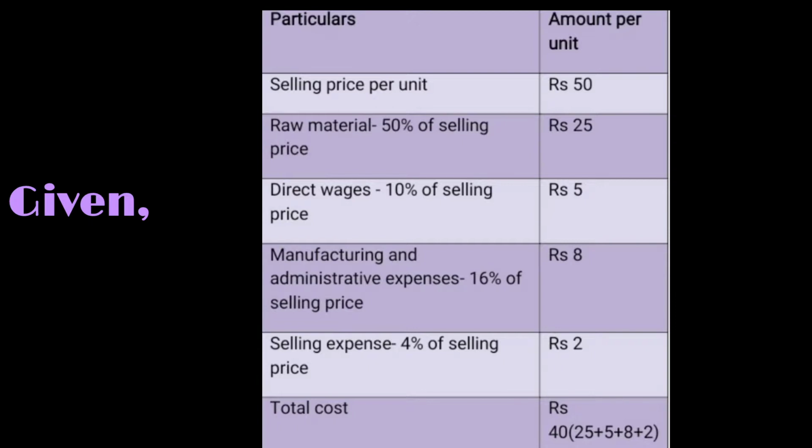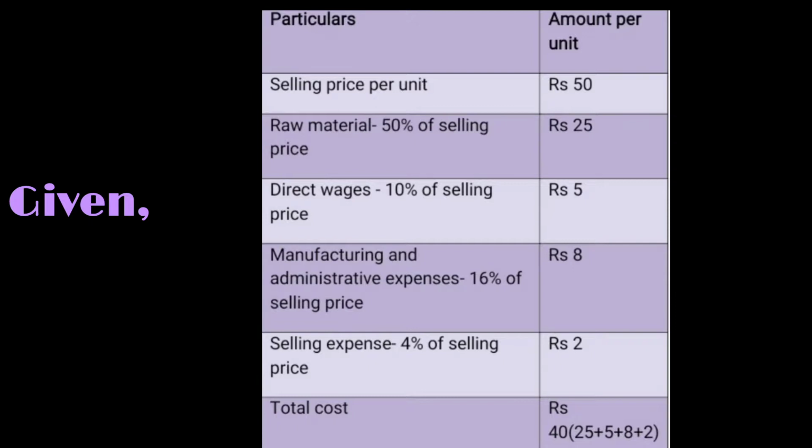In this case we were given selling overhead expenses as well, but we won't consider this because in direct expenses we consider only manufacturing and administrative overhead, and selling overhead is not to be considered, so we don't calculate the same.